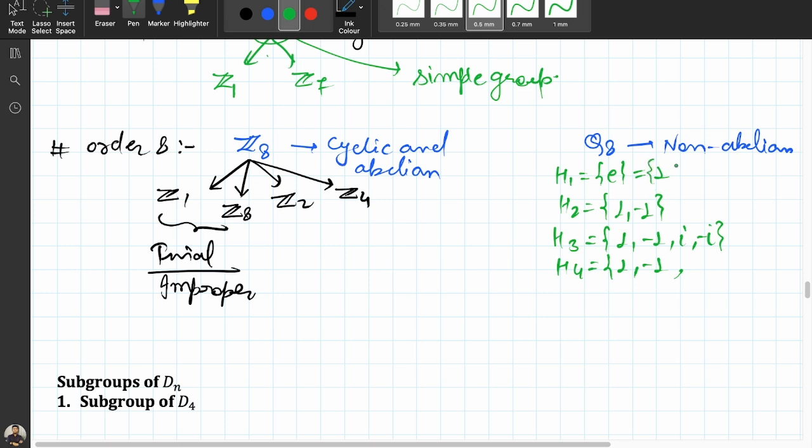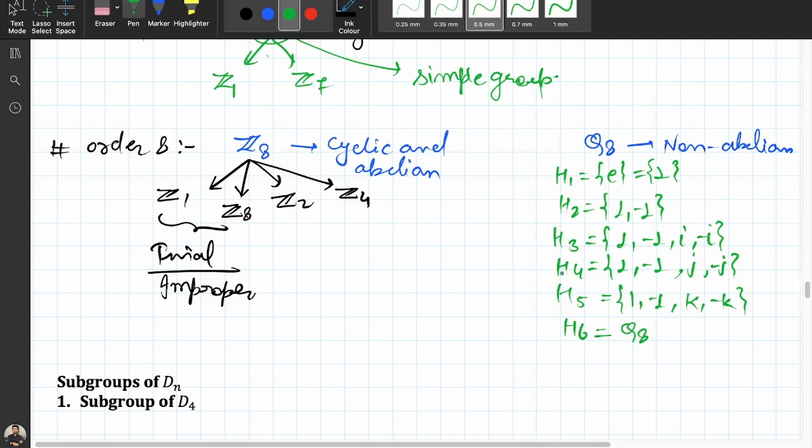So 1 and minus 1 will be there, and J and minus J. Then H5, 1, minus 1, K and minus K. H6 is Q8 itself. There are 6 subgroups.